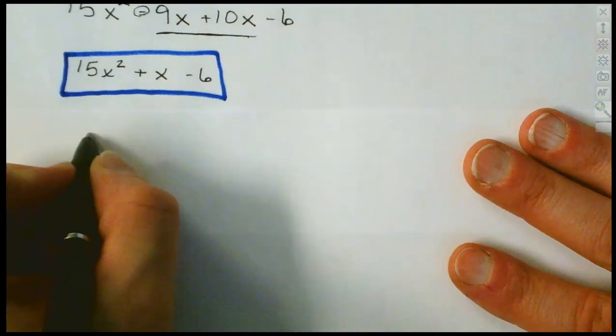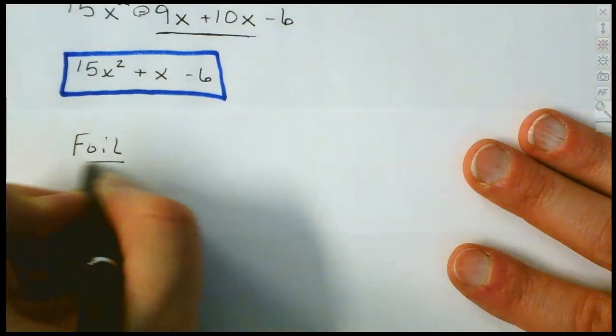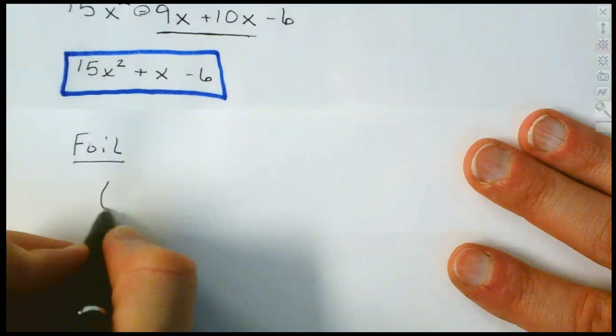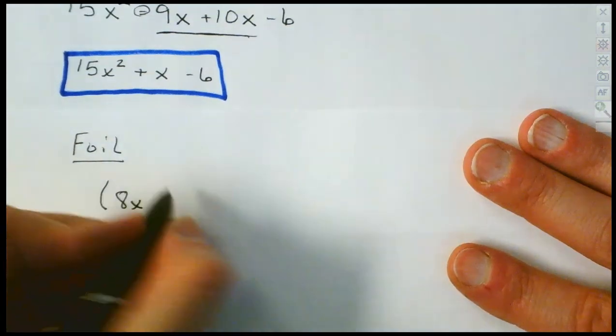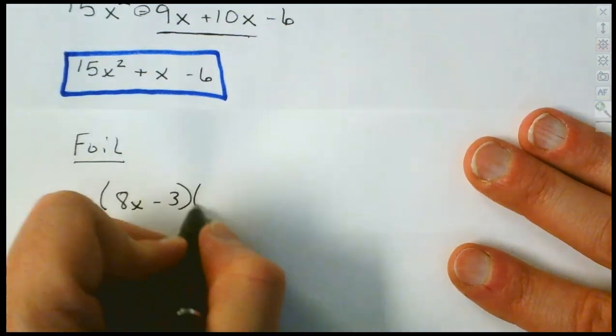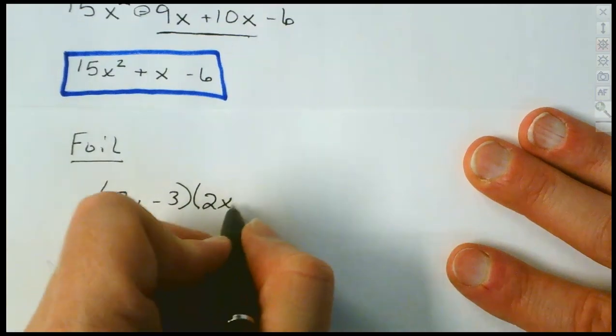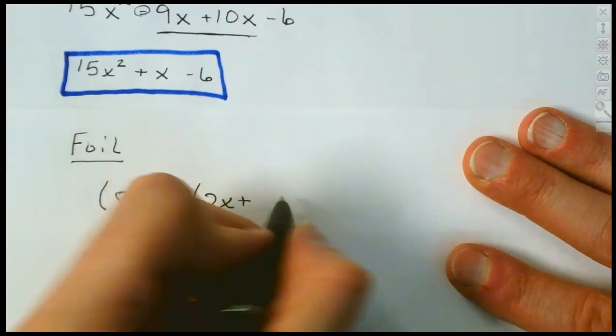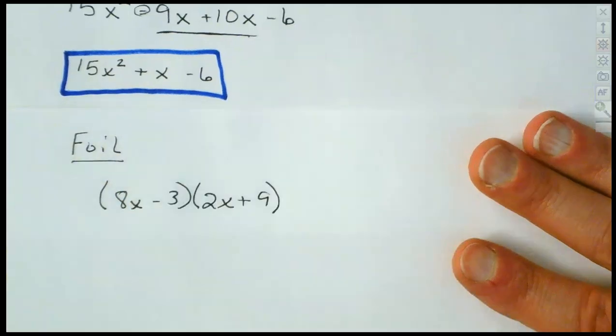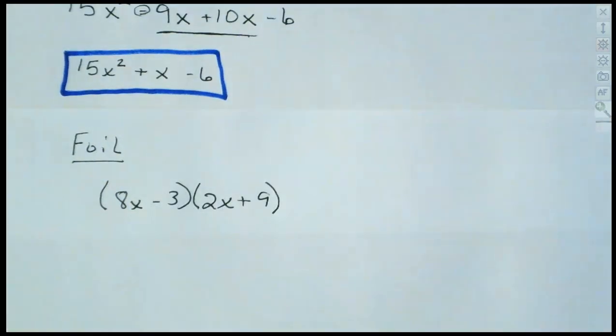So again, we're going to have to FOIL. We're going to multiply these together. And let's say we have an 8x minus 3 and a 2x plus 9. And we want to FOIL. So we take our time and multiply them out.